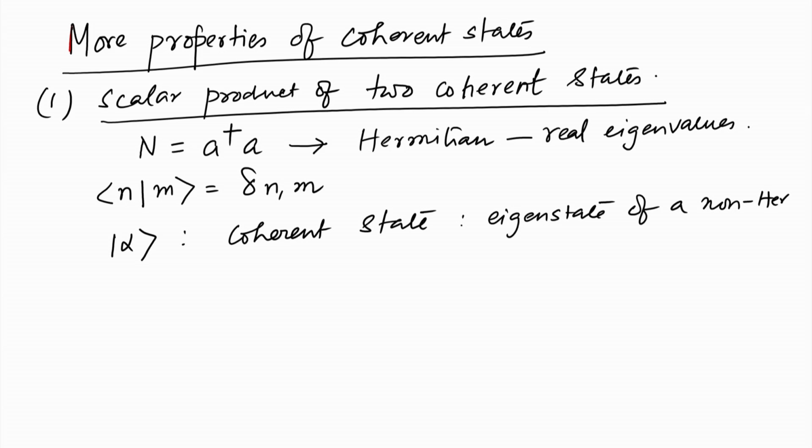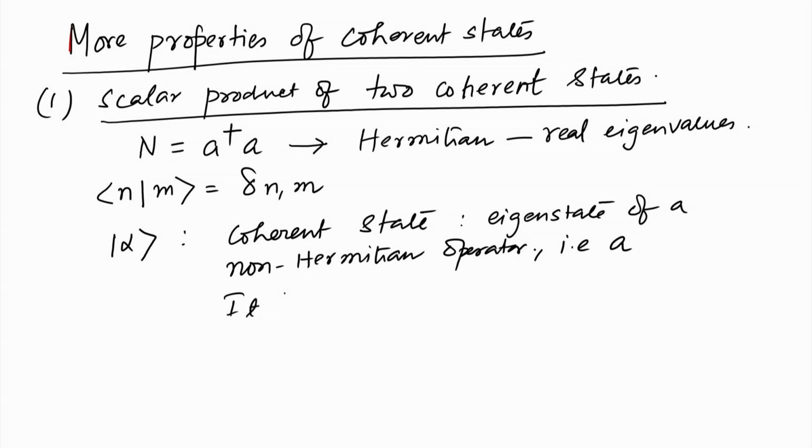Let us write it here. Please take note that we have stated all of these facts earlier, and this non-Hermitian operator is A, the lowering operator, and it has complex eigenvalues.